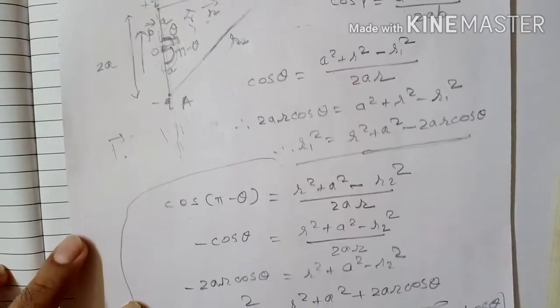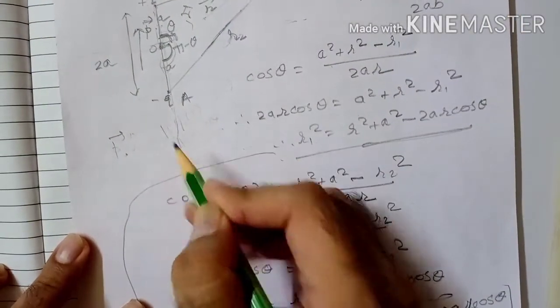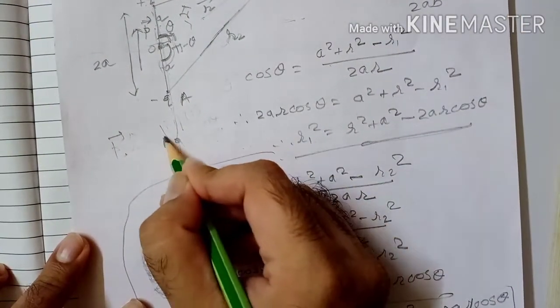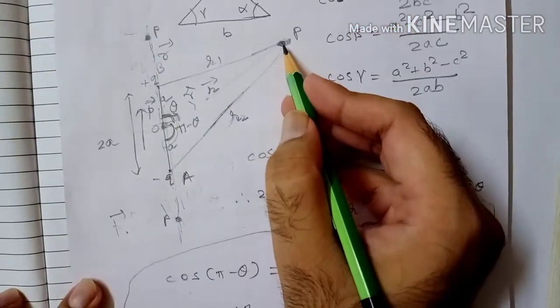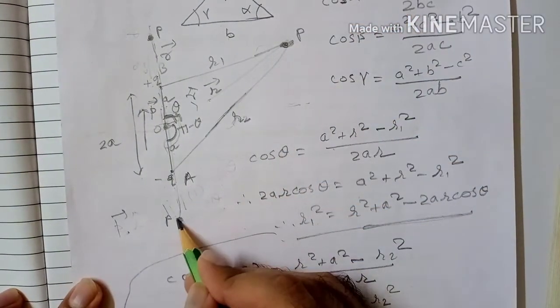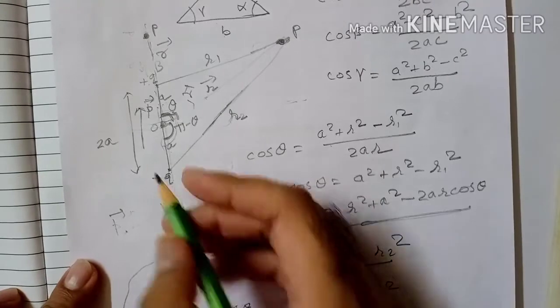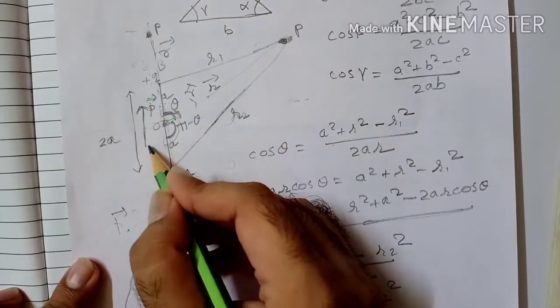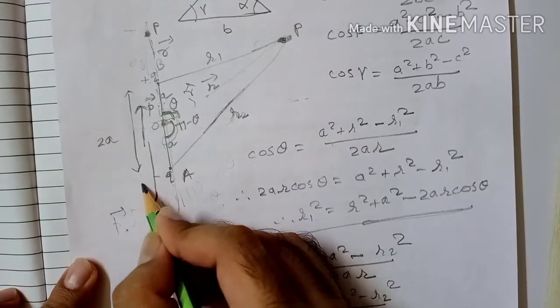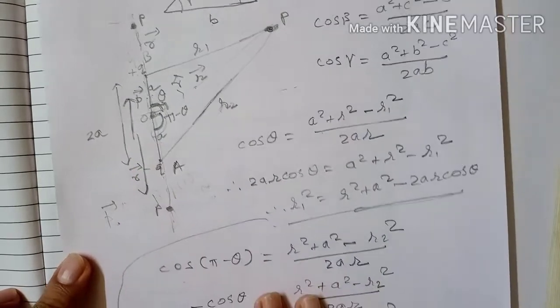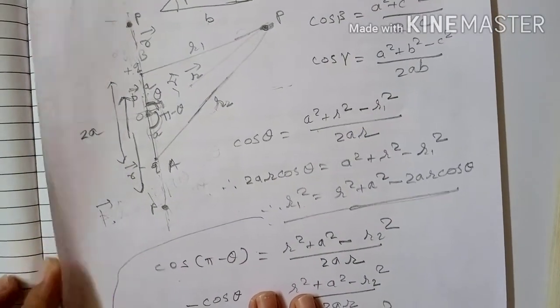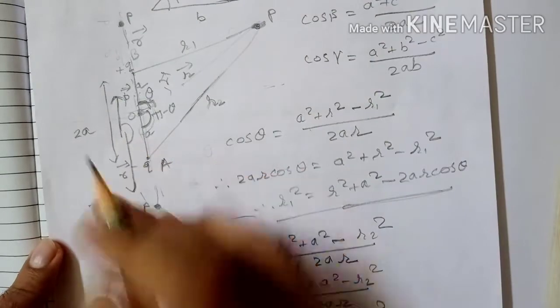But if we consider a different point, on the side of the negative charge minus q, if we shift this point P here on the side of the negative charge, then P vector is in this direction and r vector will be in this direction. Then the angle between r vector and P vector is 180 degree, that is nothing but pi.